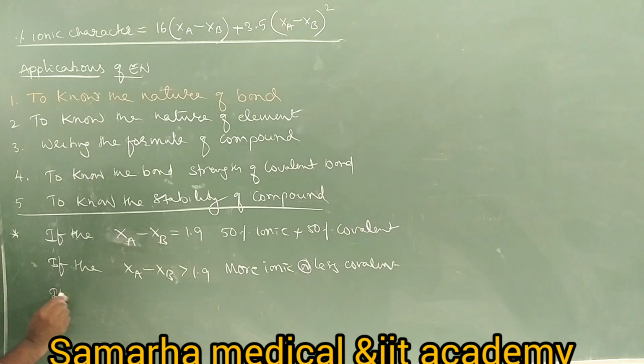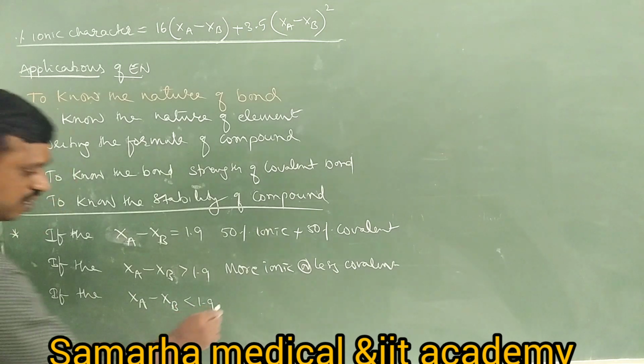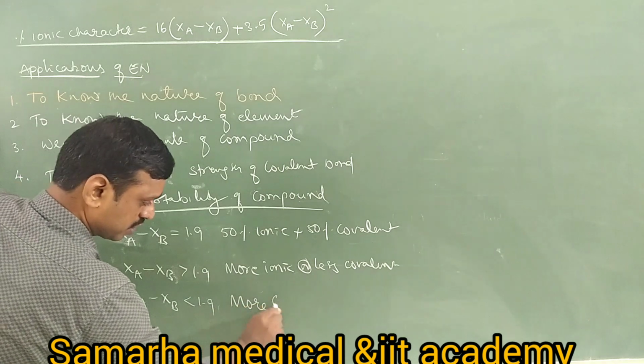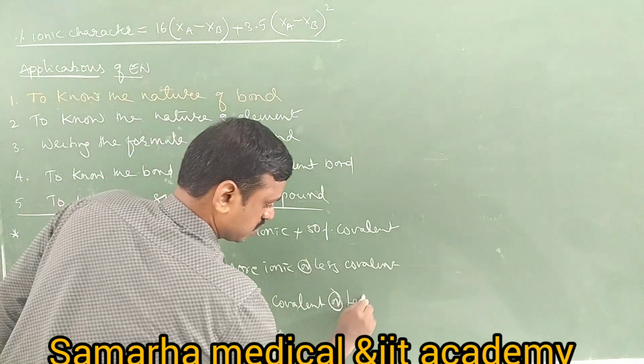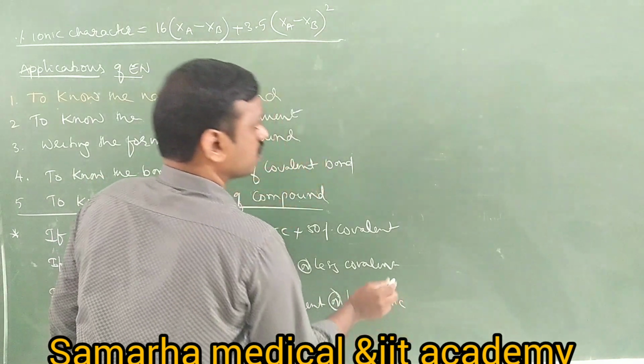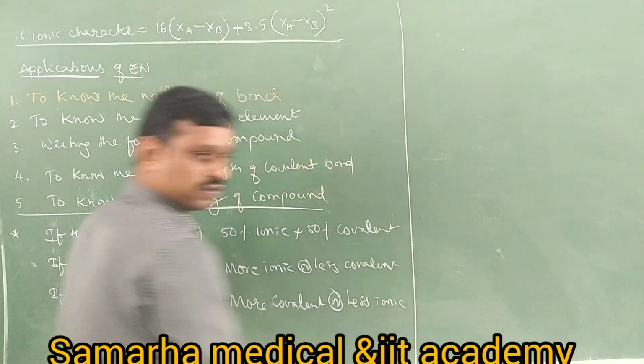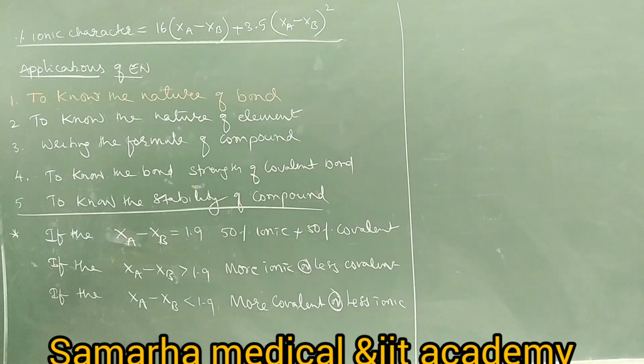Similarly, if the difference between XA minus XB is less than 1.9, it is more covalent, or less ionic. So in this way we can identify which is more covalent or more ionic. In some books 1.7 is also given, but 1.9 is more accurate.